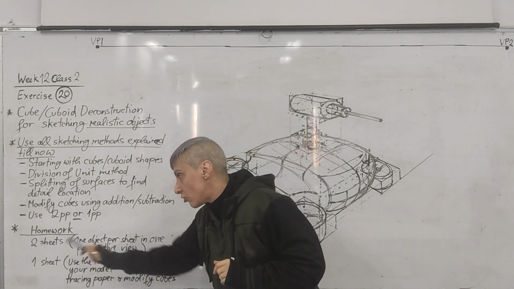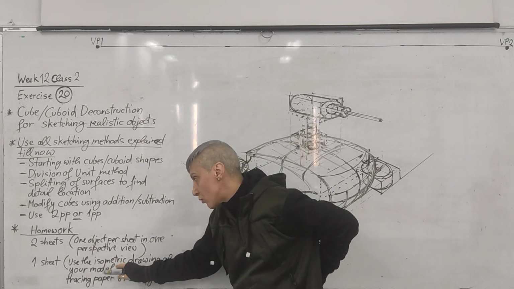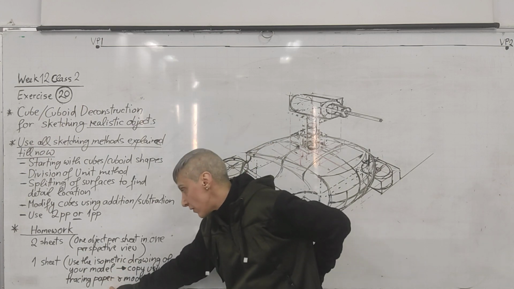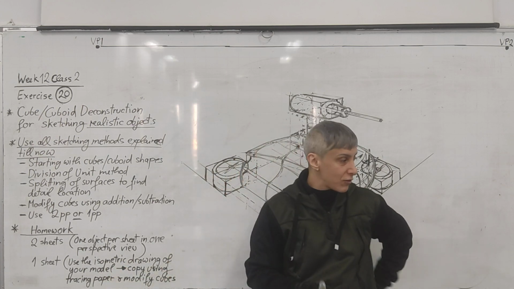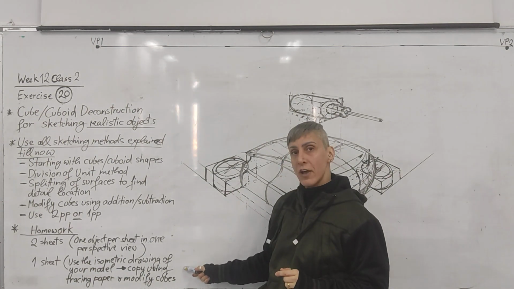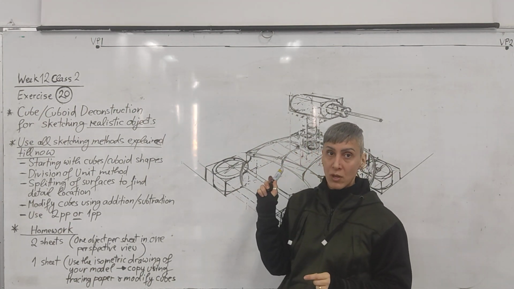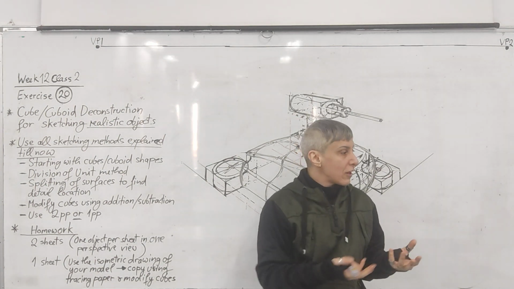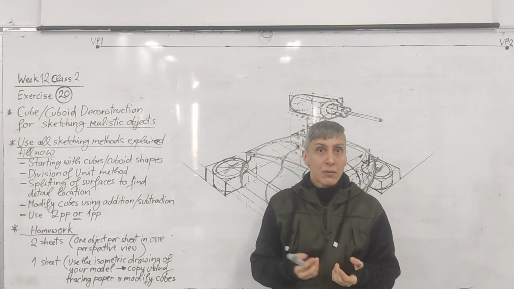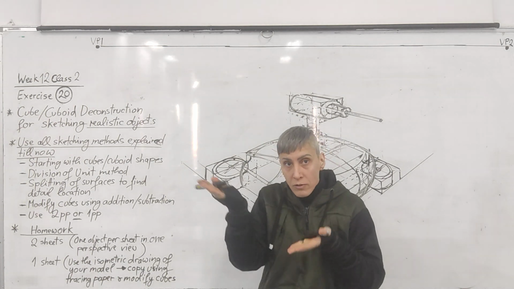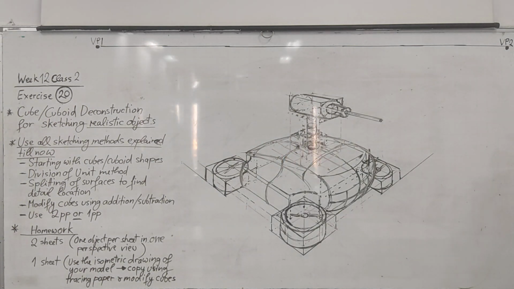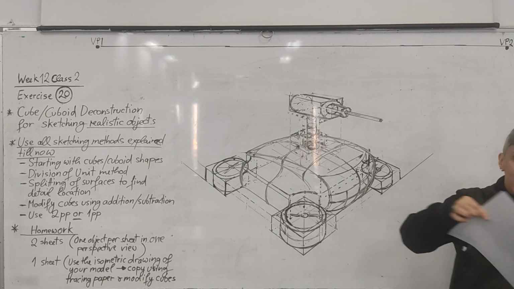Then, another sheet. Use the isometric drawing of your model, copy it on tracing paper and modify cubes. What is this? Actually, this exercise you should do before this, because this is like a small training for it. So what do you need to do? The drawing of your model, the model in isometric, the 30-30 degree, you will take it and copy it using, you see this paper?